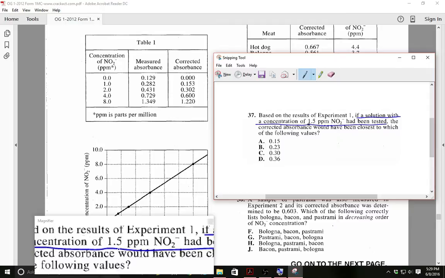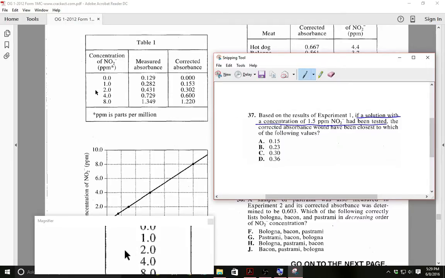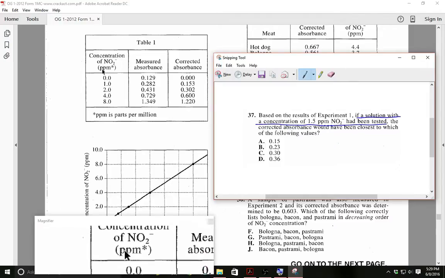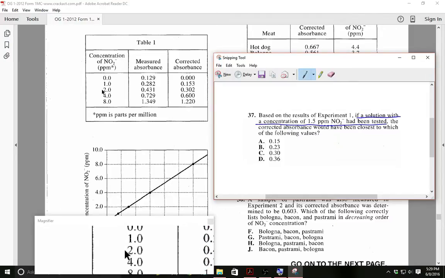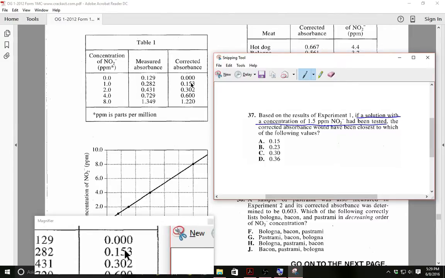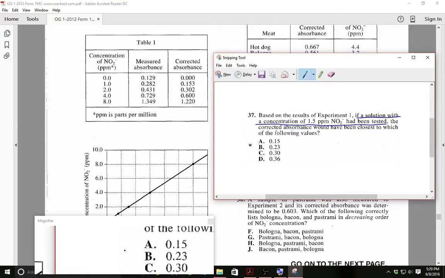So as we mentioned earlier, as corrected absorbance increases, so does concentration. But let's look at this clearly. We have 1 ppm, and then we have 2 ppm. So the corrected absorbance has to be between 0.153 and 0.302.